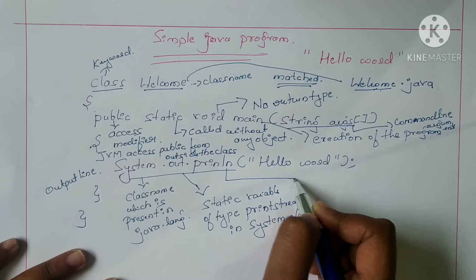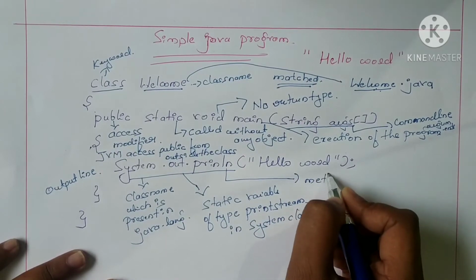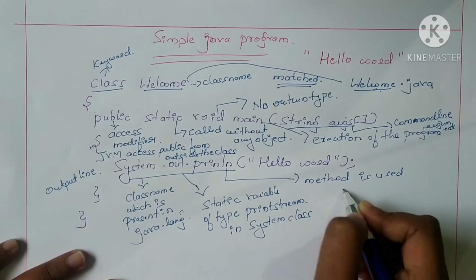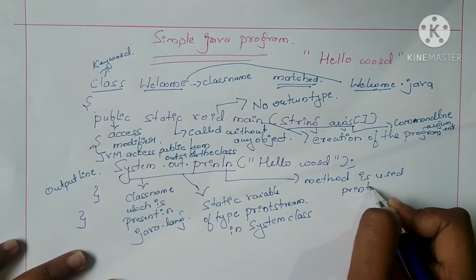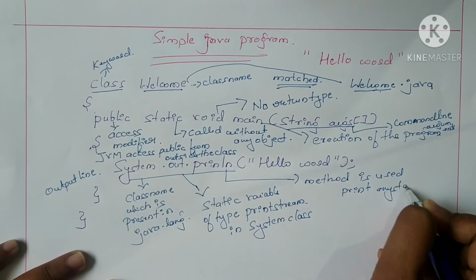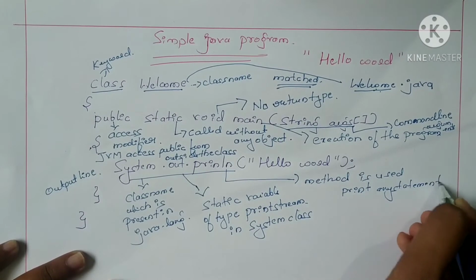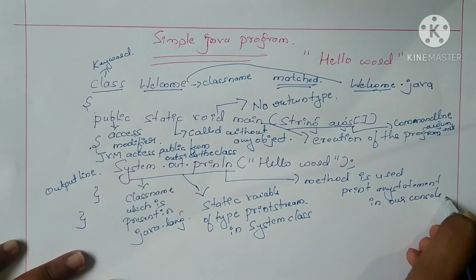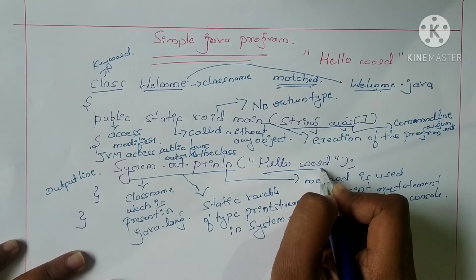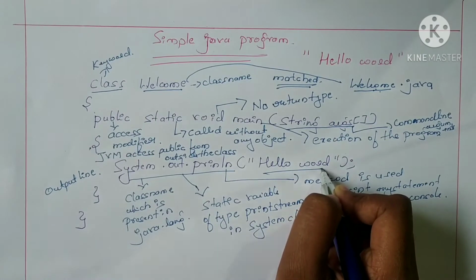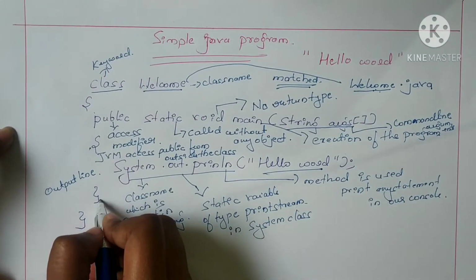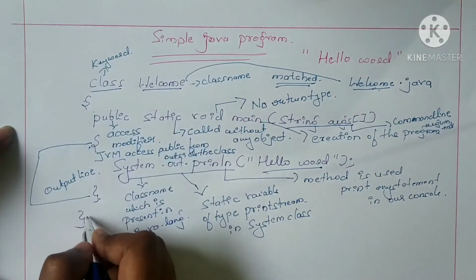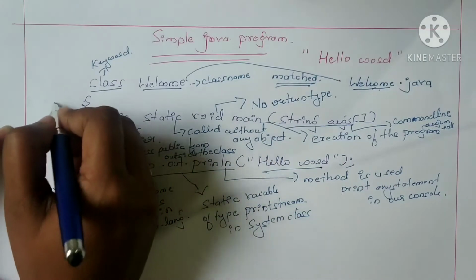Then println. Println is a method used to print any statement in our console. This is hello world which we are going to print in the console. This is a closing bracket for the main method. This is the closing bracket for the class.